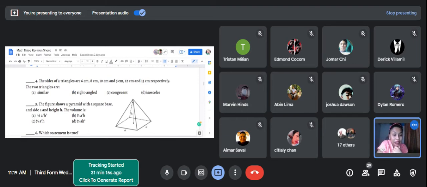And for the second one, 5, 12, and 13, respectively. The two triangles are: similar, right angle, congruent, or isosceles. What will be the answer for this one?